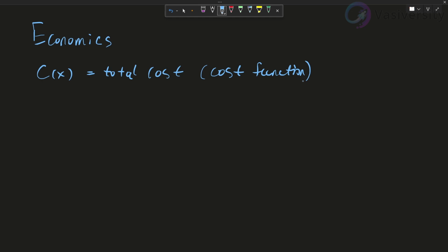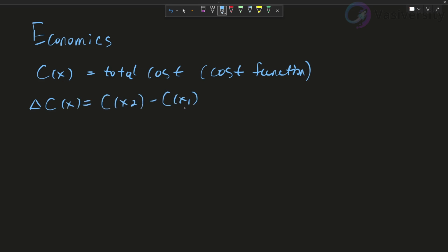So the function c is the cost function, and if the number of items produced is increased from x1 to x2, then we can have delta c, which would be c of x2 minus c of x1.